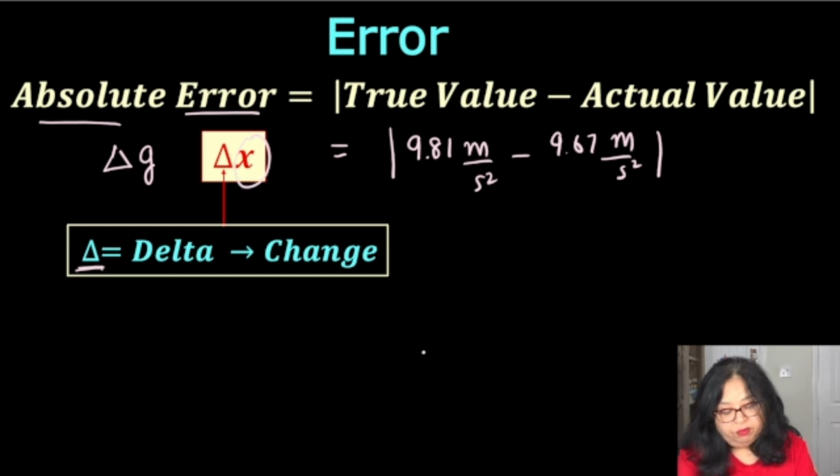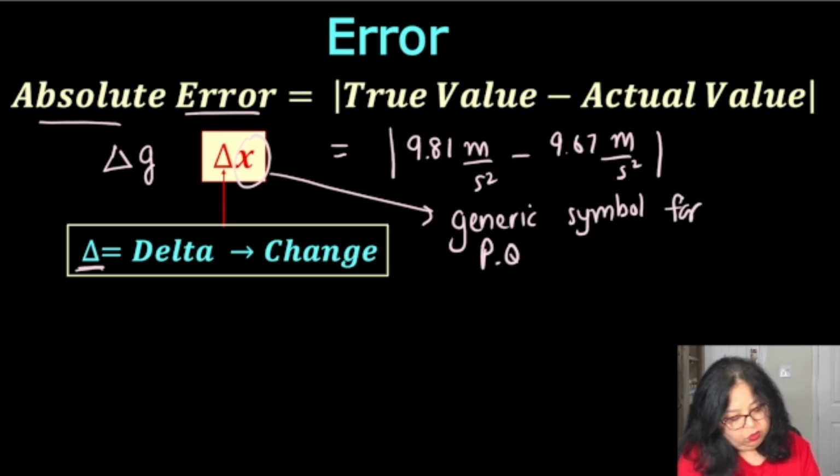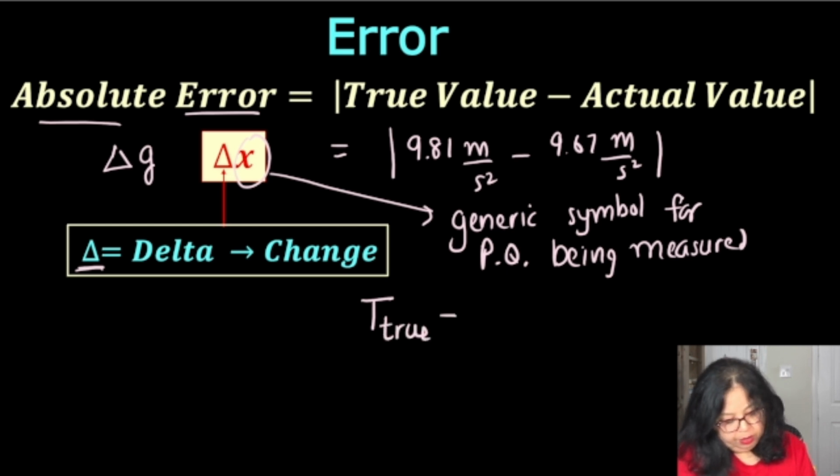So this x that I have written here is like a generic symbol for the physical quantity being measured. So if you were measuring, for instance, time, so here this is time true minus time experimental or measured, and on the left hand side you will have delta t.